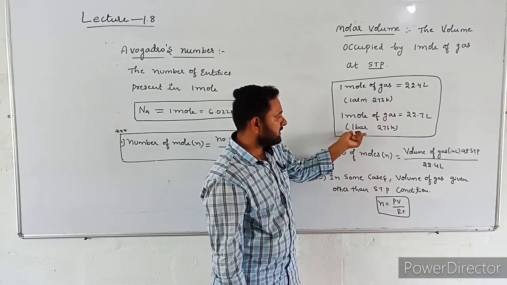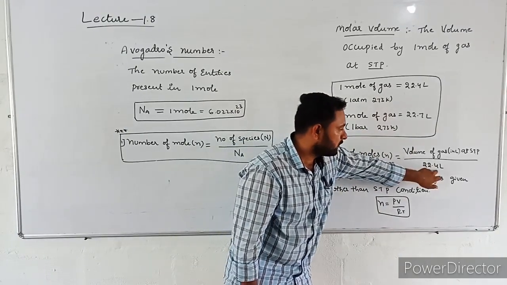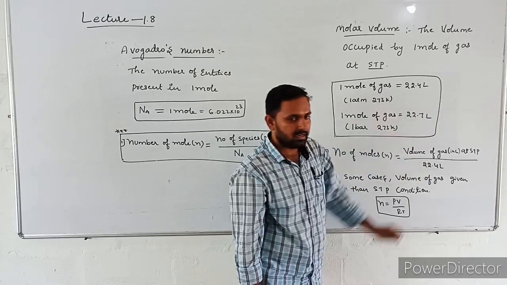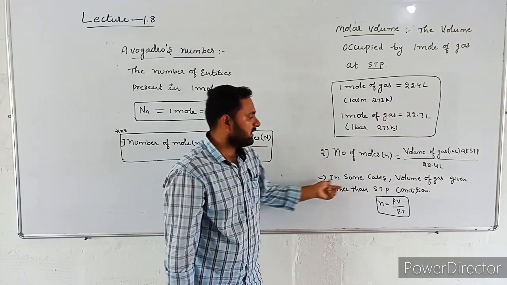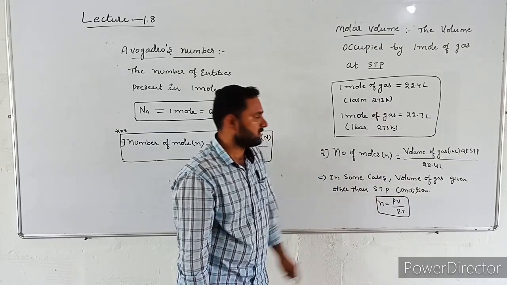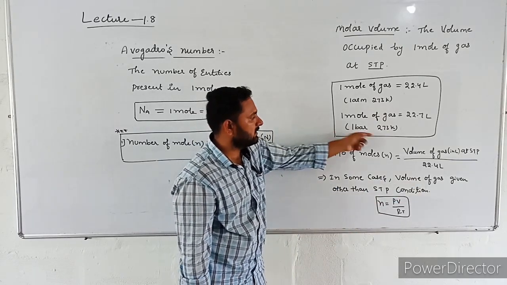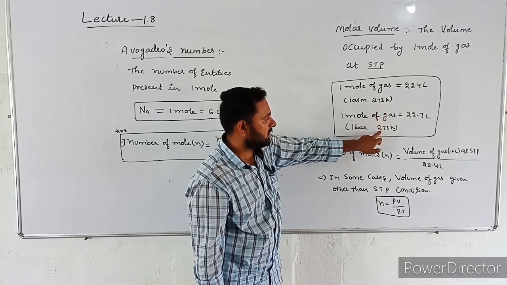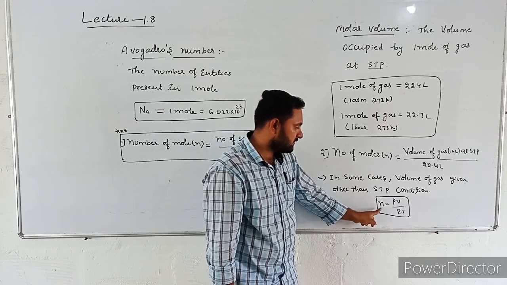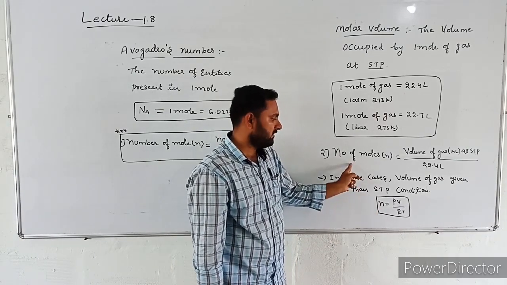If the pressure is 1 bar, instead of 22.4 liter, use 22.7 liter. But in some cases, the volume of gas is given under conditions other than STP. If the temperature and pressure are other than these, then use this formula to calculate number of moles.